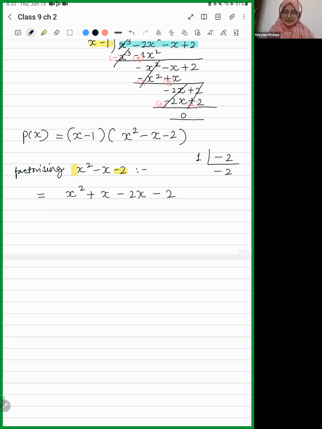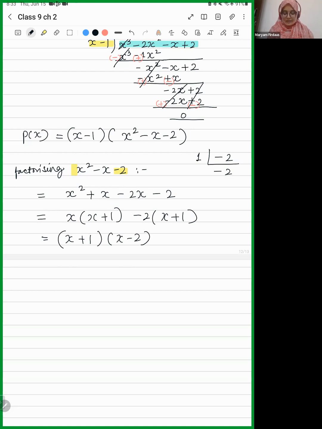See, minus 2 plus 1 gives you minus 1. No doubt still here? Okay, now let's quickly solve this. X multiplied by x plus 1 minus 2 multiplied by x plus 1. So x plus 1 multiplied by x minus 2. So this is our smaller polynomial.